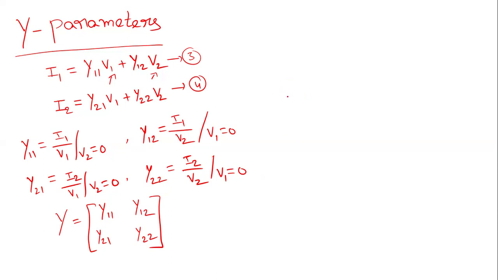These parameters are also represented in circuit form like this. These short circuit admittance parameters are represented in the form of a two-port network model. So this is admittance Y11, with voltage V1 and current I1.